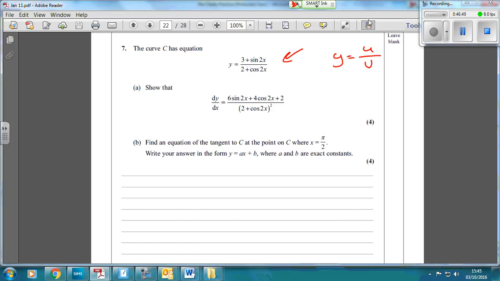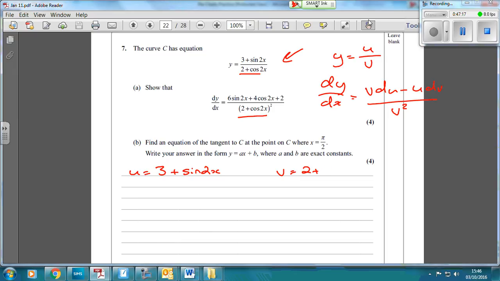So when we differentiate that, dy by dx equals v du minus u dv all over v squared, which is why the bottom is v and why the bottom of this one's going to be v squared. So what we need to do is we need to know what the differential of sine 2x is, or sine x, and we need to know how to differentiate 2 plus cos 2x.